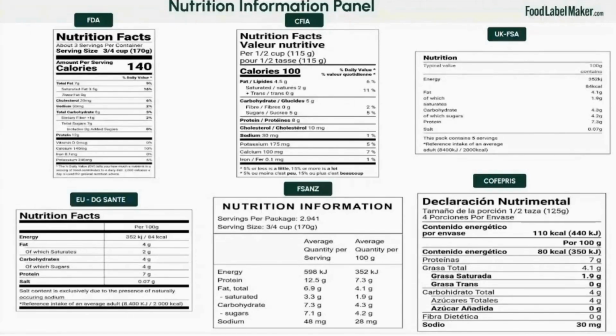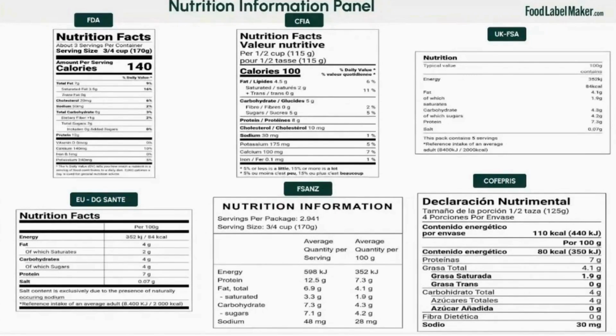Canada follows a similar approach, but they use Health Canada's reference amounts. As you can see, the Canadian reference amount for yogurt is 115 grams, which is lower than the FDA's 170 grams serving size currently displayed on the label.